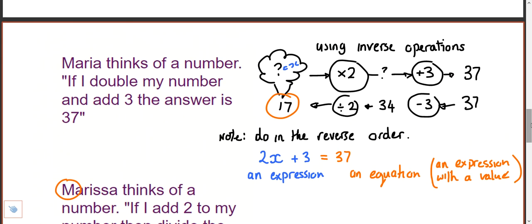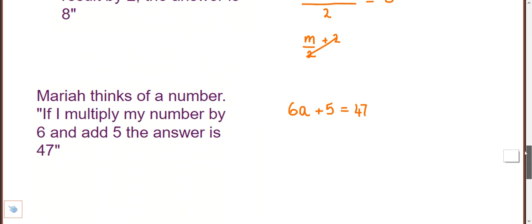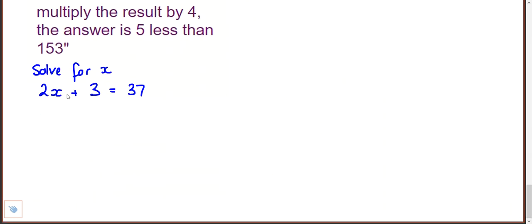Yeah, that's what I was thinking of. Remember, you've got to do the opposite things in the opposite order. This says x was multiplied by 2, then we added 3, and we get the answer 37. So we've got to undo the things that have been done.